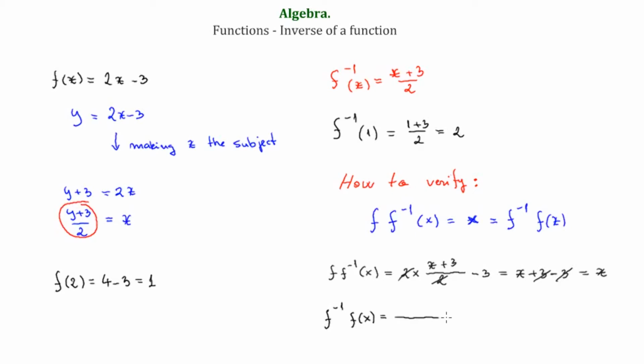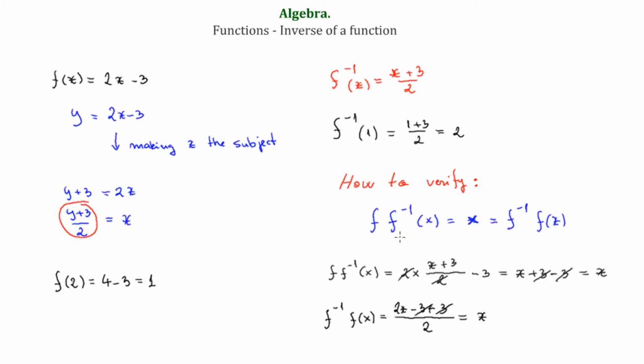So we will then have 2x minus 3, further on plus 3 over 2. Minus 3 plus 3 is 0, so we have 2x over 2, which is equal to x.